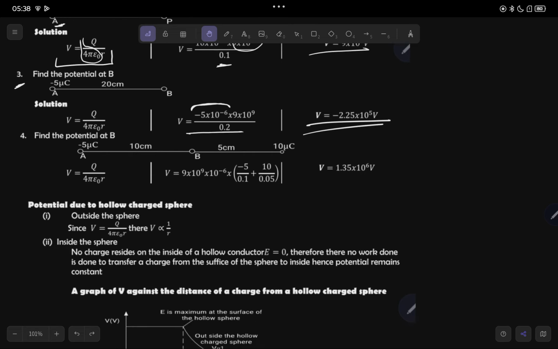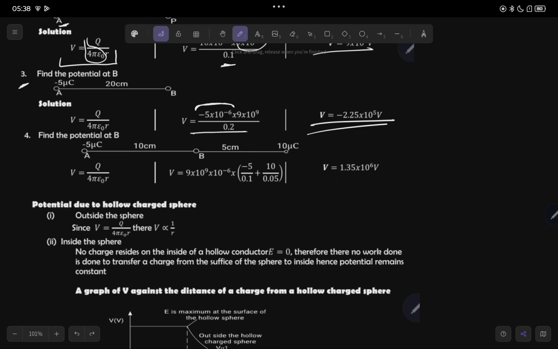Number 5, find the potential at point B. Now point B is being affected by two charges, a charge at A and a charge at B. Since we said it is a scalar sum, we shall just find the electric potential due to the charge at A, then we find the electric potential due to the charge at B, and then we add them up. So VA would be charge at A over 4 pi epsilon naught RA.